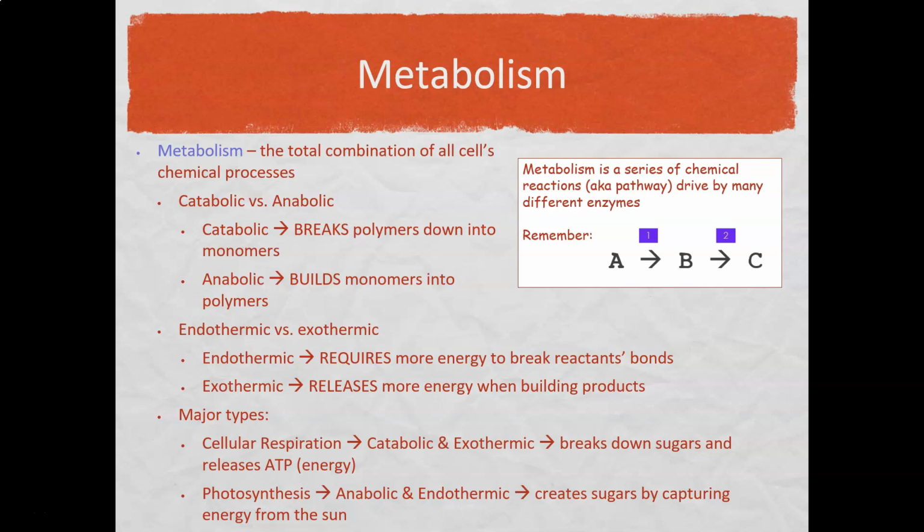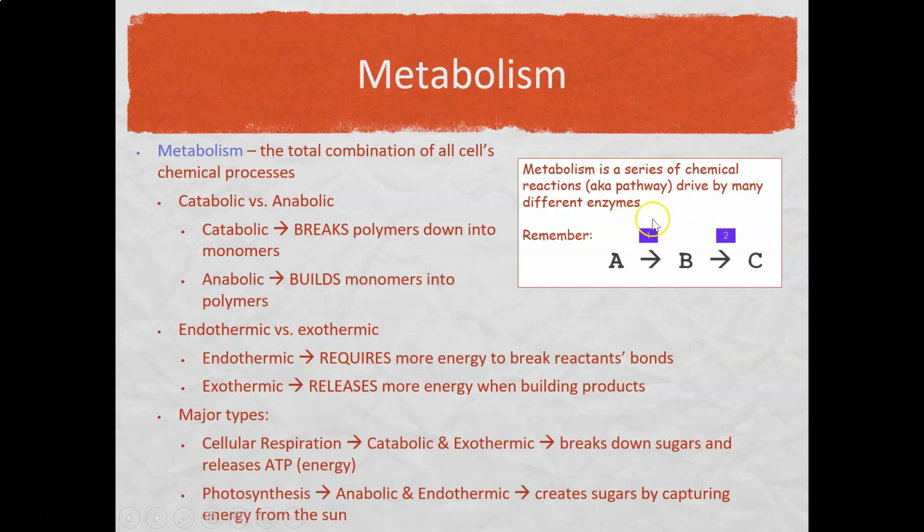Okay, so let's underlie the idea of metabolism with some of the terms we've talked about earlier this year. So remember, metabolism is the total combination of all the cell's chemical processes, chemical reactions, right? And when we look at metabolism as a whole, it's a series of chemical reactions. It's a pathway. So lots of chemical reactions that are often driven by different enzymes.